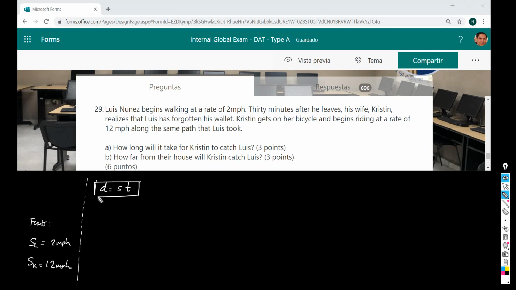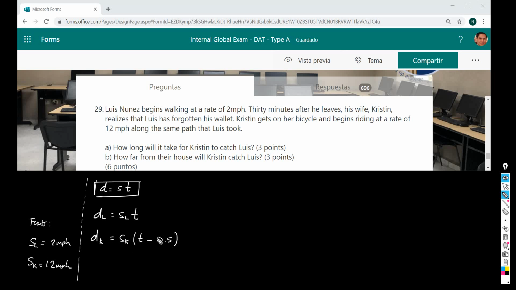Okay, we have to use this formula, and we have to say this: the distance that Luis covers is equal to the speed of Luis times the time that he has spent traveling, and the distance that Christine travels is equal to her speed times t minus 0.5.